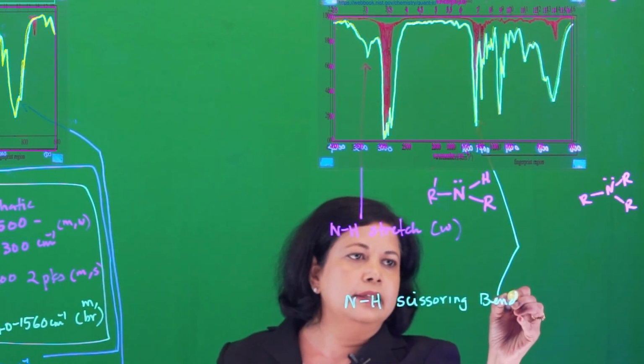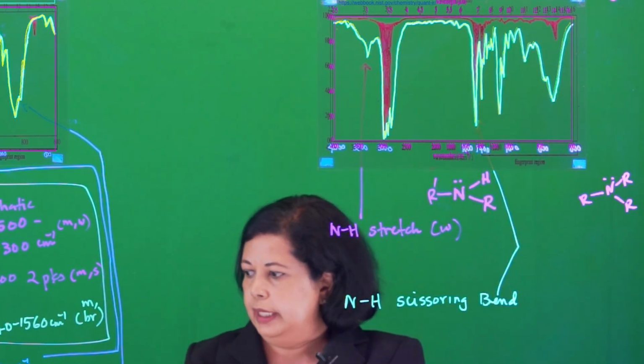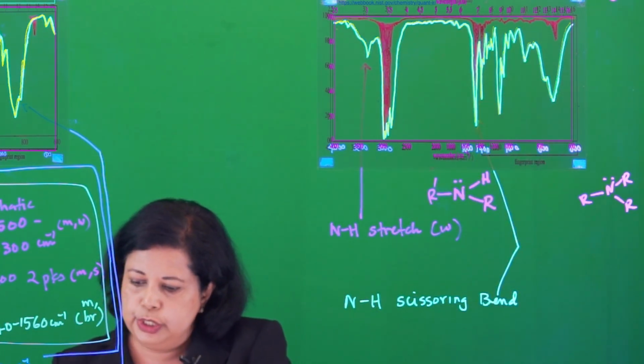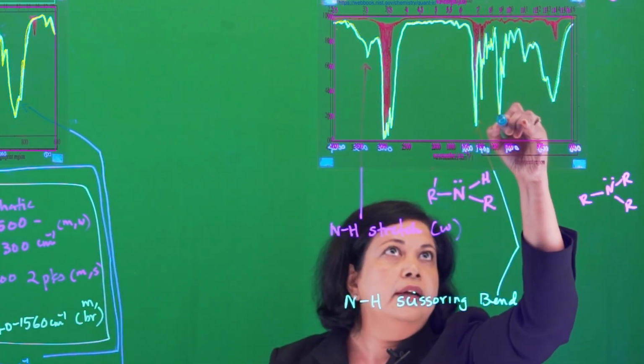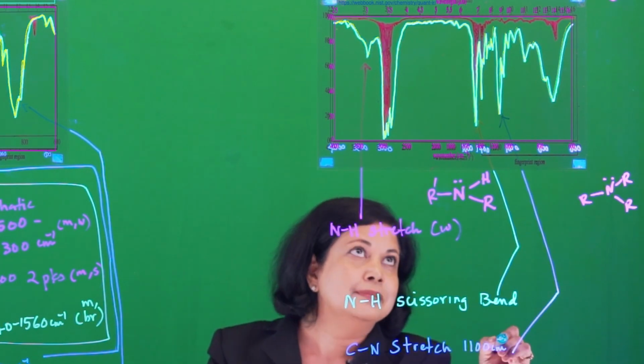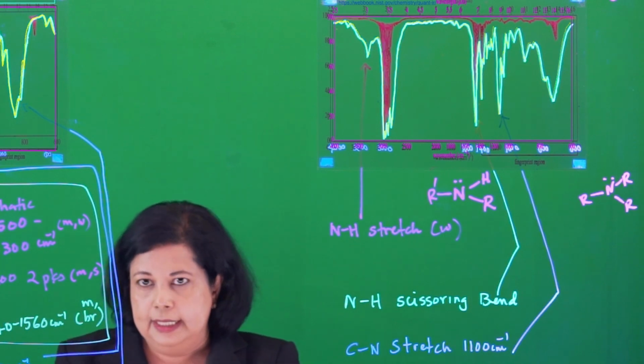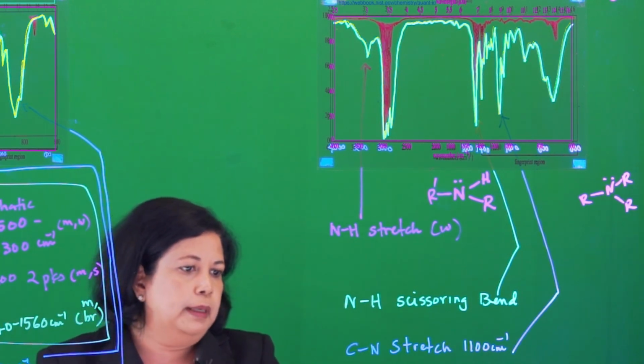Here's your scissoring bend, and this one is going to be your CN stretch around 1100. That is your CN stretch, and a very broad peak here, and that is again your NH out of plane bend.